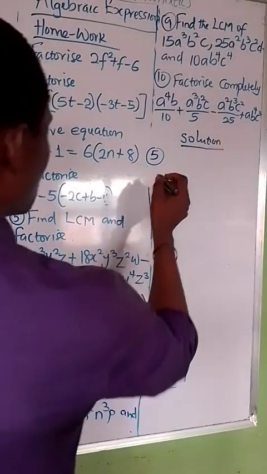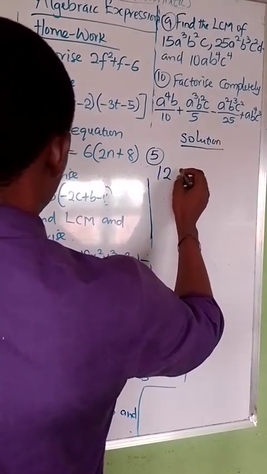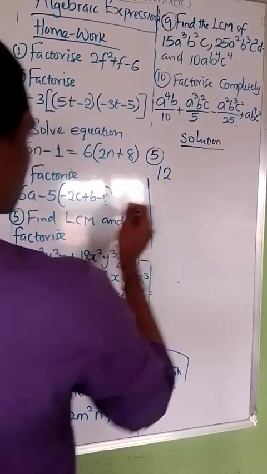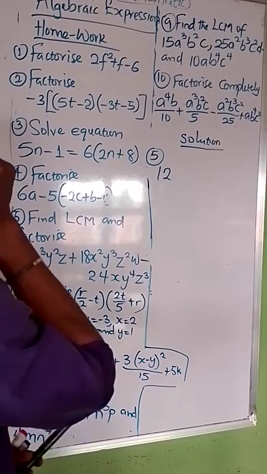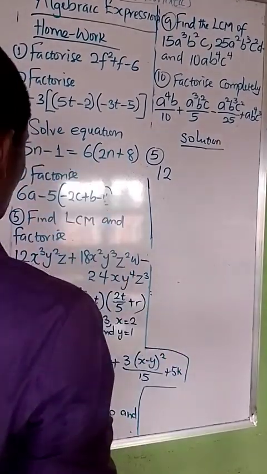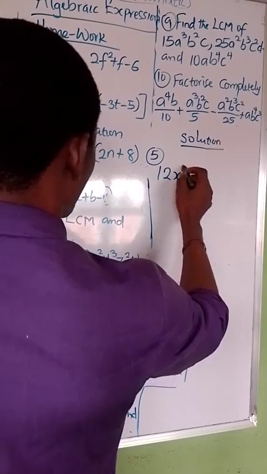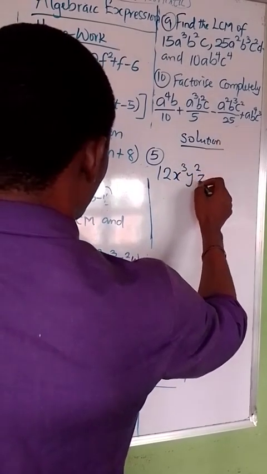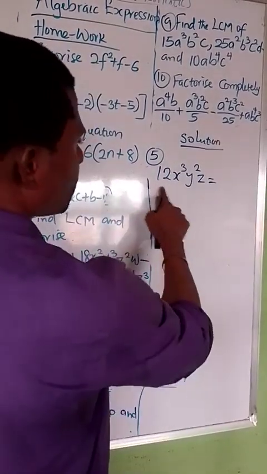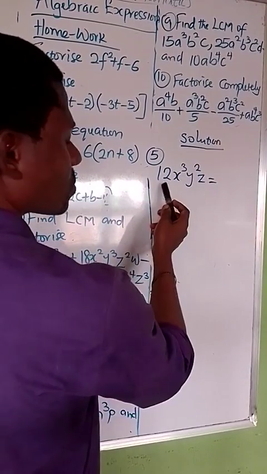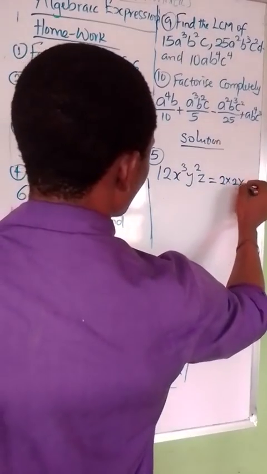All right, start with 12x cubed y squared z. There are different methods we can use for this, so let's try this method. 12 can be split into 2 times 2 times 3.